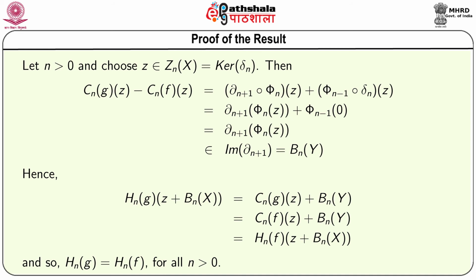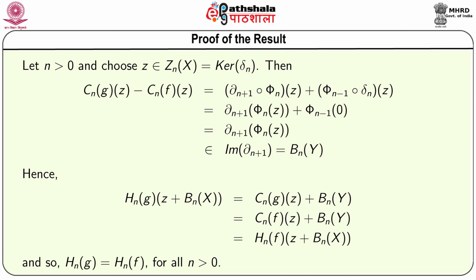Now, if n is greater than 0 and we choose any z from Z_n x, that is the kernel of delta_n, then C_n g z minus C_n f z is equal to the expression del_{n+1} composed phi_n operating on z plus phi_{n-1} composed delta_n operating on z, and that is equal to del_{n+1} phi_n z plus phi_{n-1} of 0, since z is in the kernel of delta_n, so delta_n z is equal to 0.